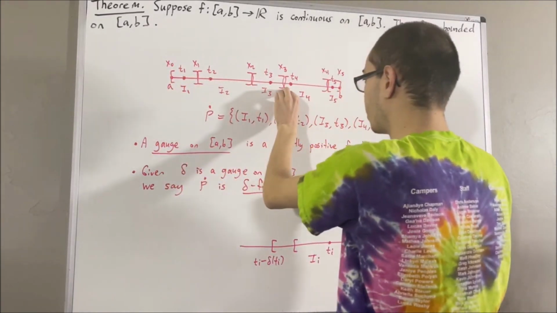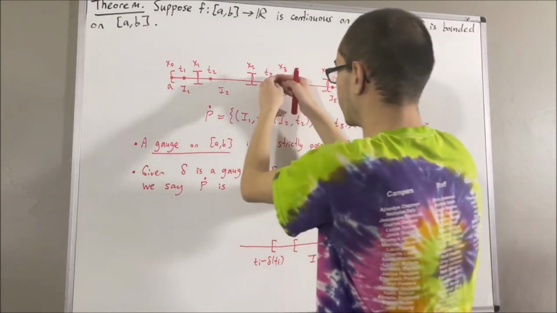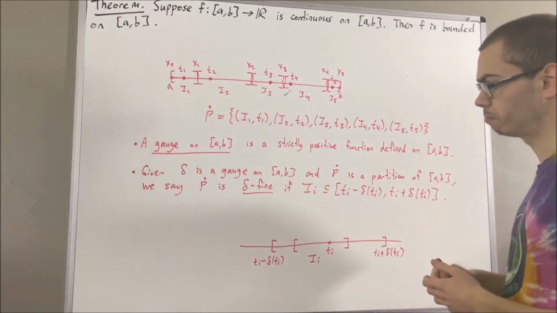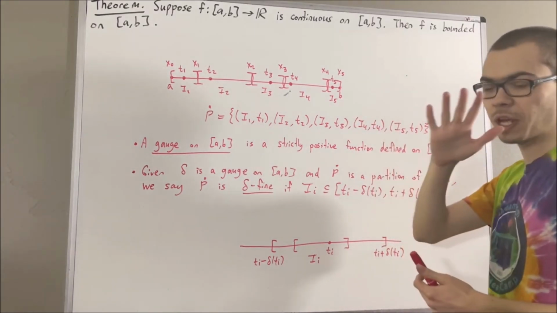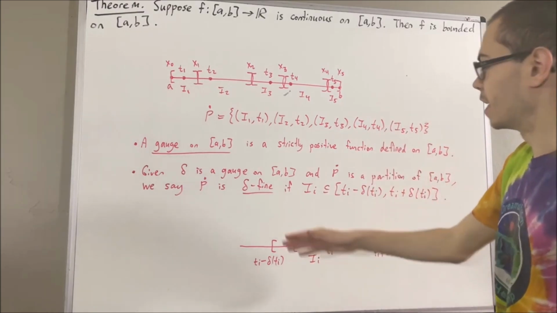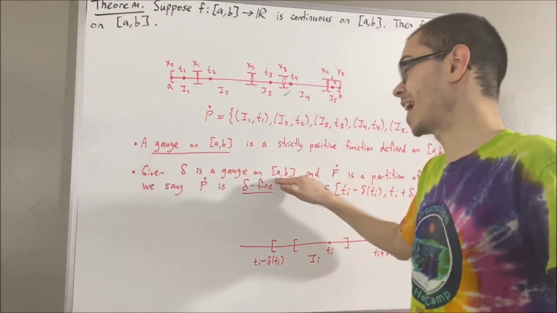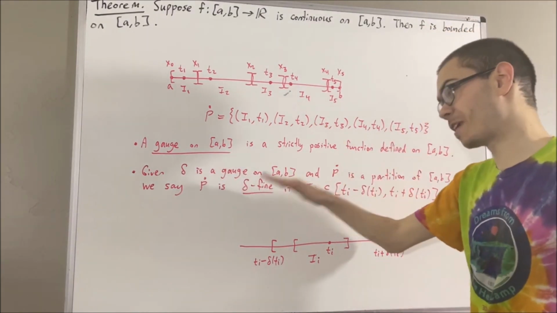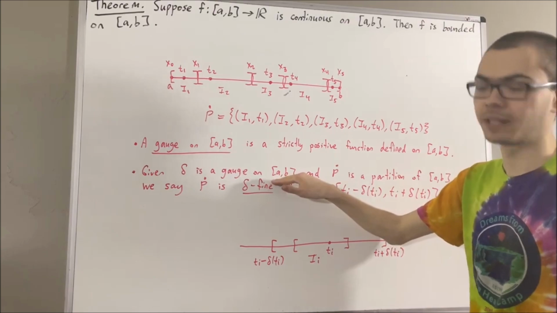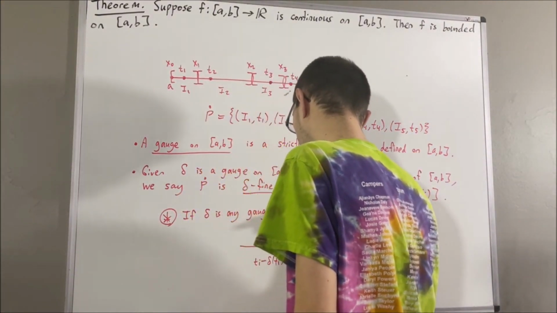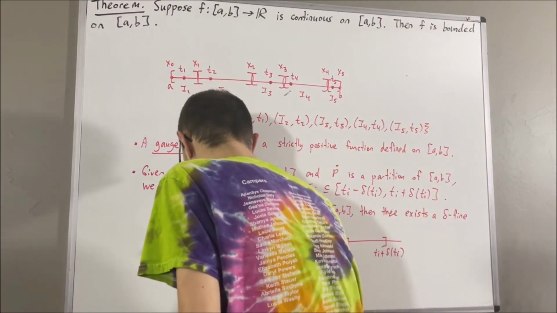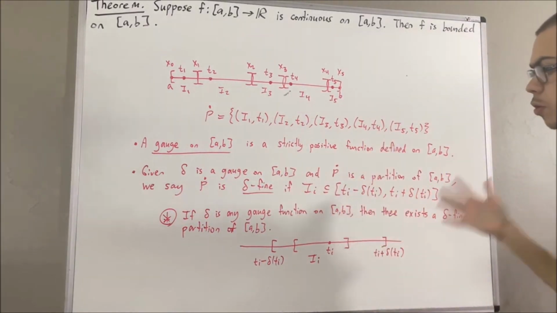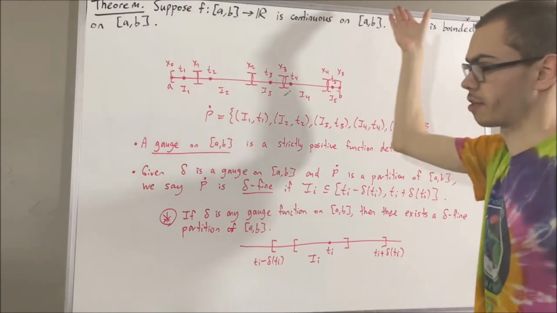We would need I3 to be a subset of this interval centered at t3, and so on for each subinterval. Now, a fact which we have proven is that if delta is any gauge function on [a, b], then there does in fact exist a delta fine partition of [a, b]. And so, these are really the concepts that we're going to be using to prove this theorem.